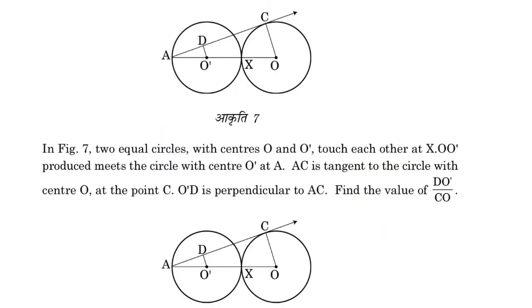Question number 22nd. In this question, we are given two circles with equal radius with centers O and O dash. So this is O and this is O dash. They're touching each other at X. So a line is drawn from O to this.